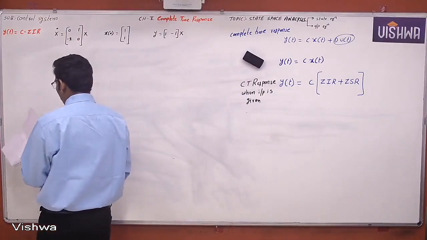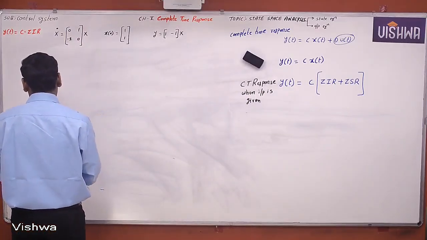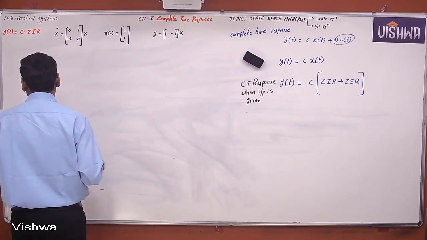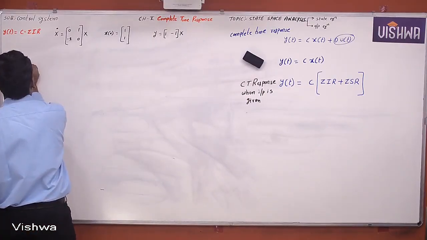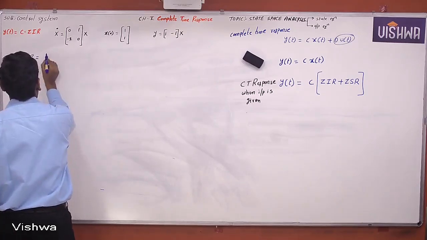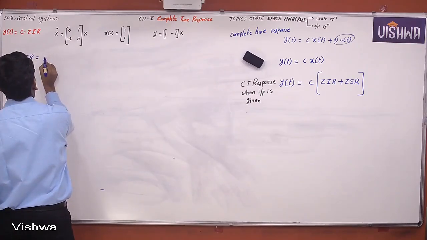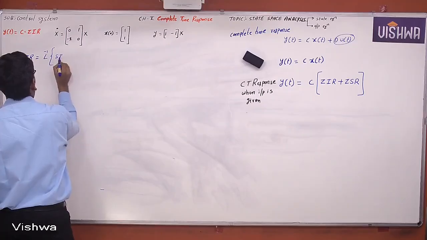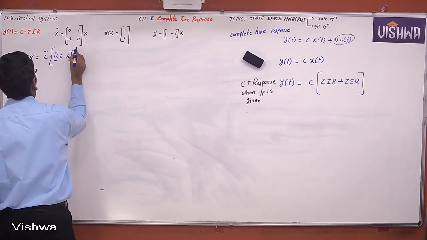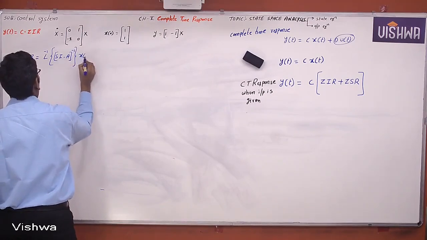So first, what should we do? You find the zero input response first. The zero input response is the inverse Laplace transformation of (SI minus A) inverse into x of 0.